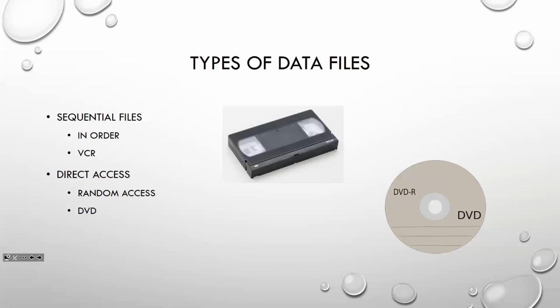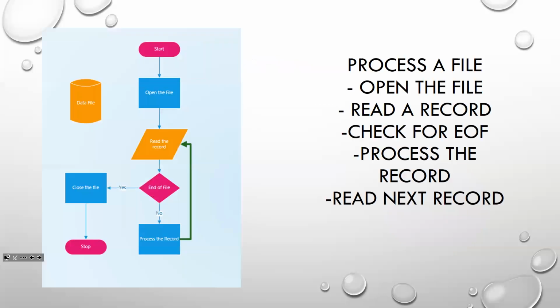If it's on a sequential device, like an old tape, I would have to get to that spot before I could actually read that data. That's important because whenever we're processing files, some of our programming is based on that old physical idea of having a tape that has to be read in sequence. That's where some of our code requirements come from.